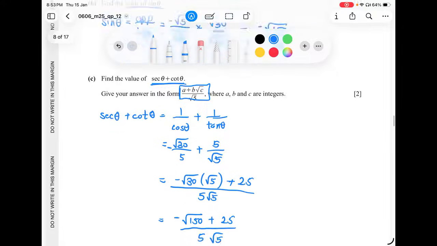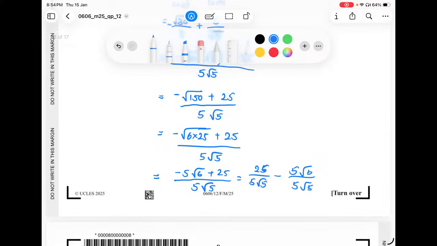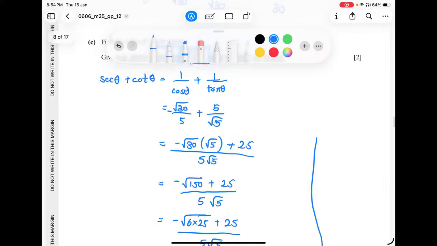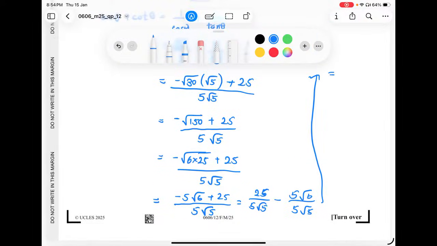Now, as per the answer, you need to write it in that form. So 25 over 5 root 5, you can separate it, minus 5 root 6 over 5 root 5. So now when you separate it, this should give you 5 over root 5 minus root 6 over root 5.